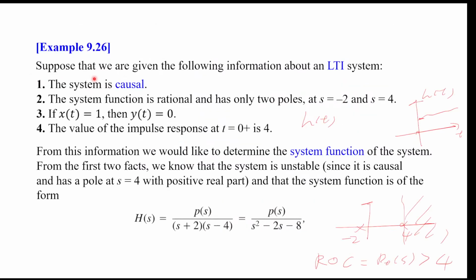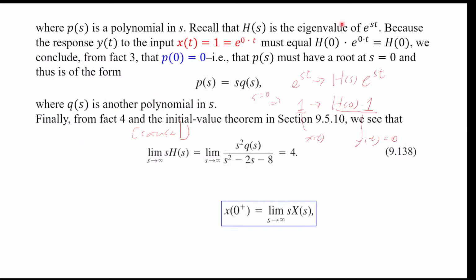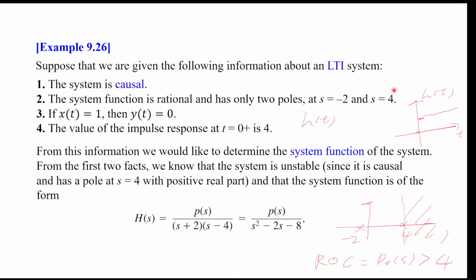And this being an LTI system, H of s is the eigenvalue, so the output y must equal H of 0 times the input x of t. We know this input-output pair is e to the st at s equal to 0: x of t equal to 1 and y of t equal to 0.